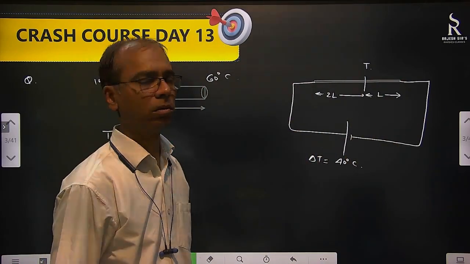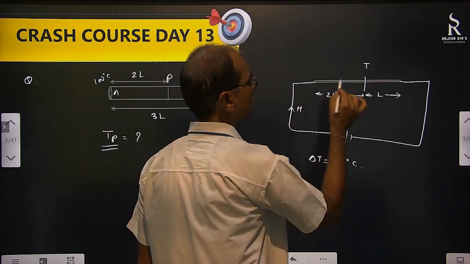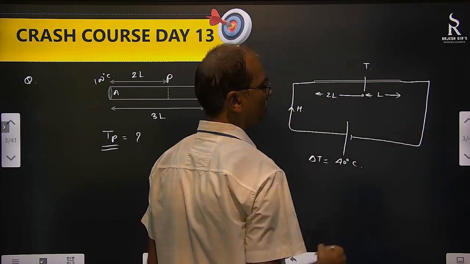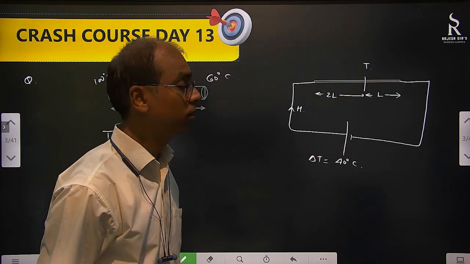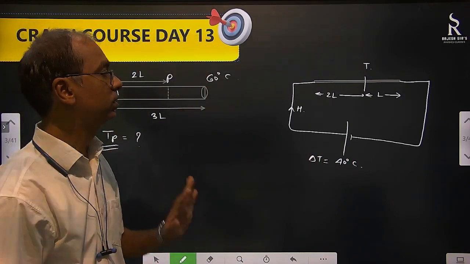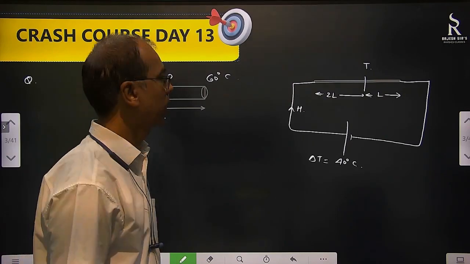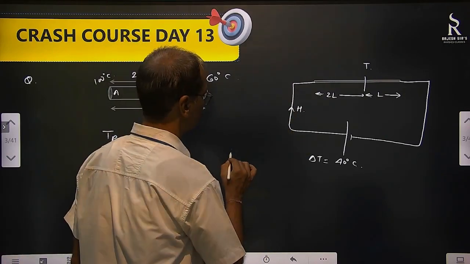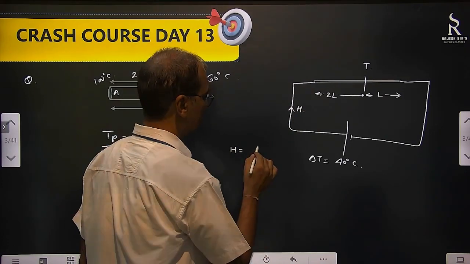Single wire, so current is I. So here I'll say current is H. H only is going throughout. Remember that in a battery we used to write potential difference, so here I have written temperature difference directly. No problem? So H is delta T by R. Correct?